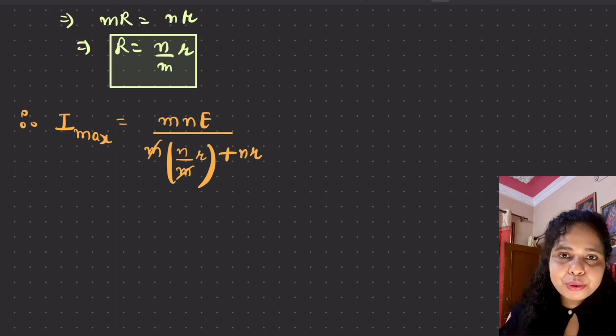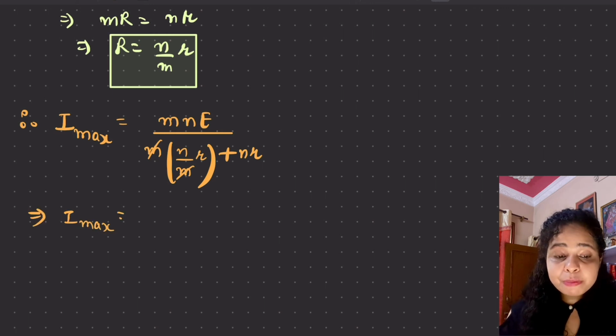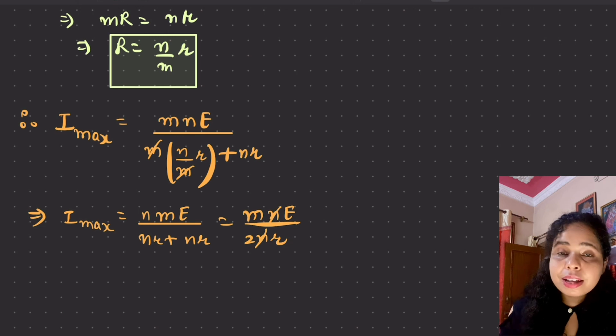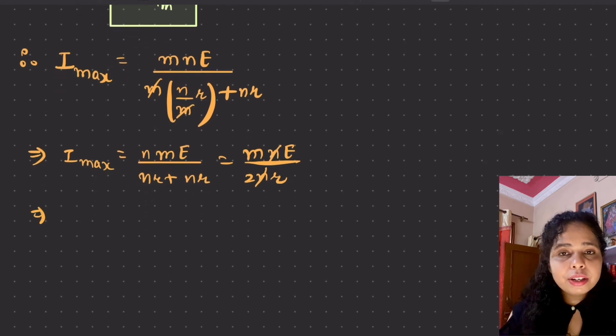Do not forget to add nr in the denominator, otherwise your expression will change. Now simplifying it further, I maximum is equal to mnE upon nr plus nr, or it is equal to mnE upon 2 times nr, or cancelling out n, it is equal to m by 2 into E upon r.